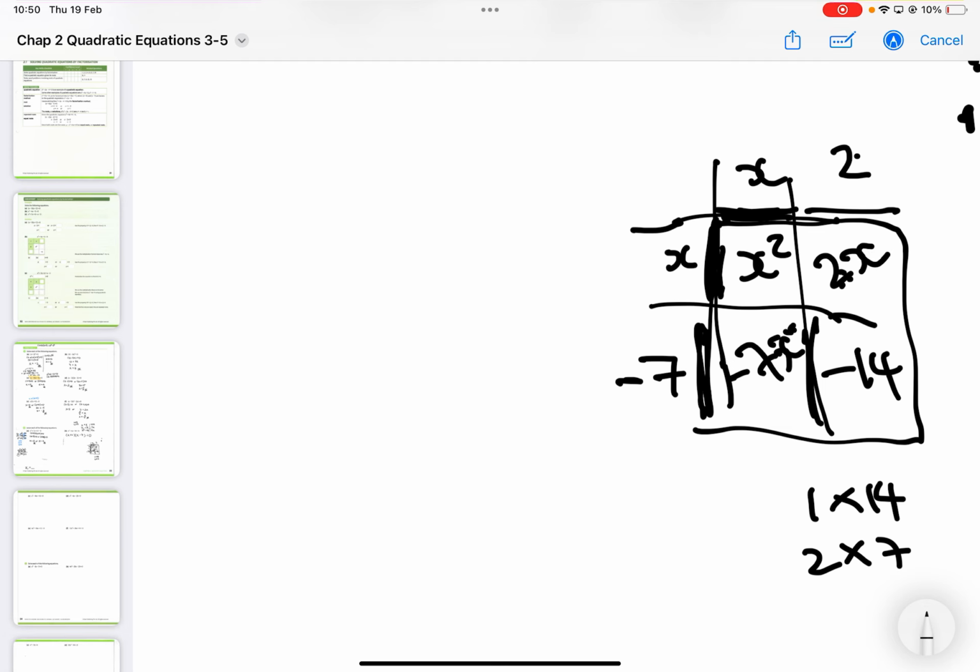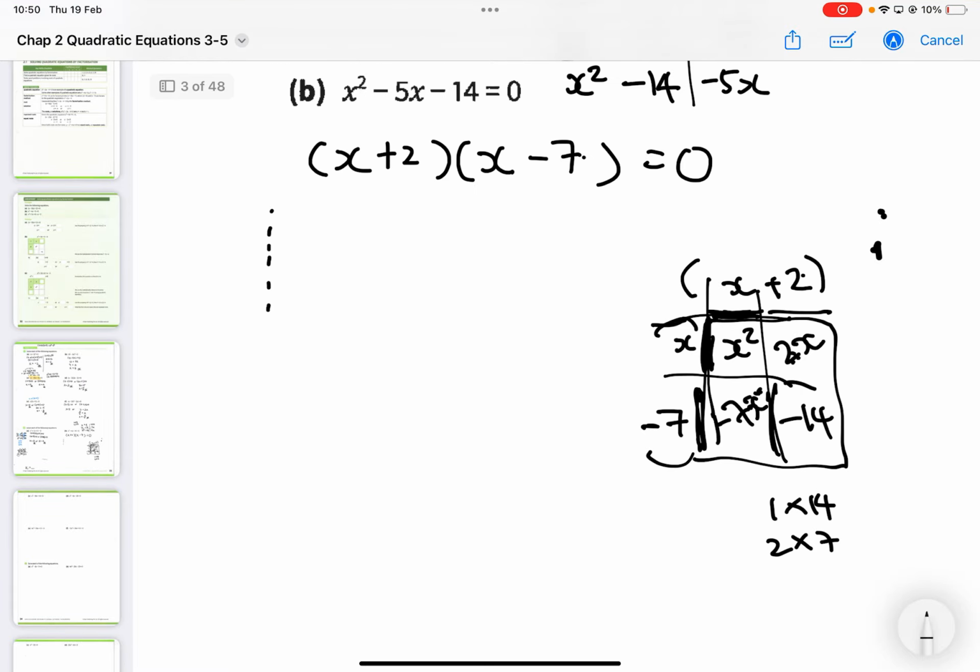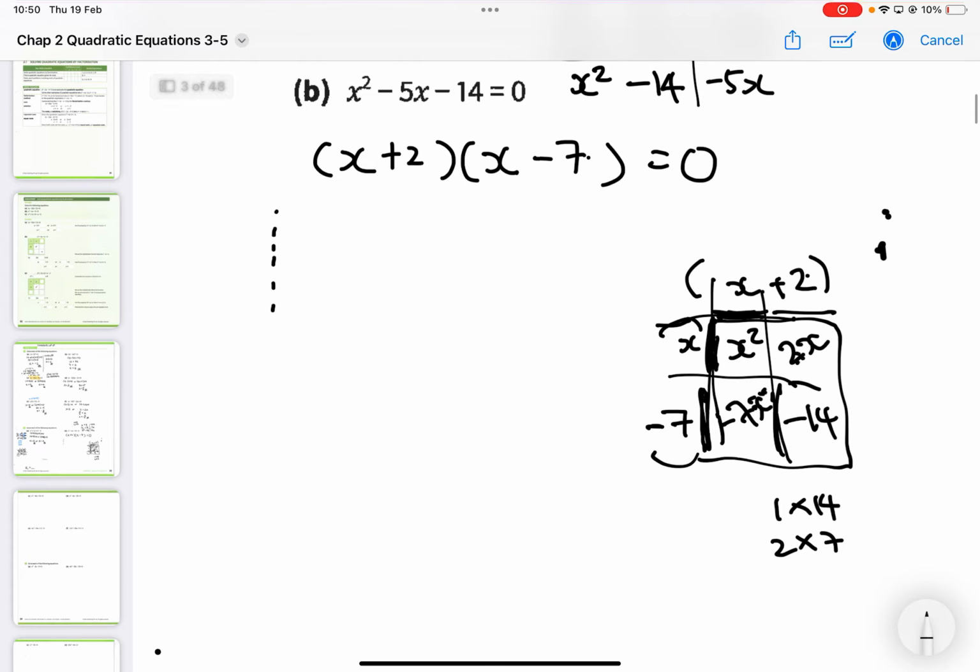So when I add these 4 parts together, I will get back this same thing. So it is actually x plus 2 and x minus 7. This times this will give me this.